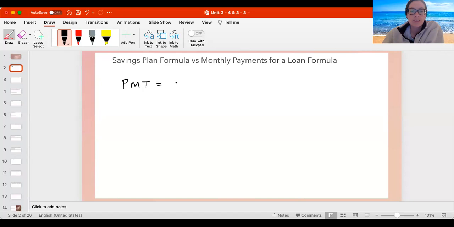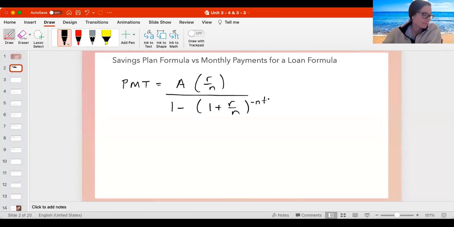So we have payment is equal to A times R over N divided by 1 minus 1 plus R over N to the negative NT. And so in this formula, PMT is your monthly payment.